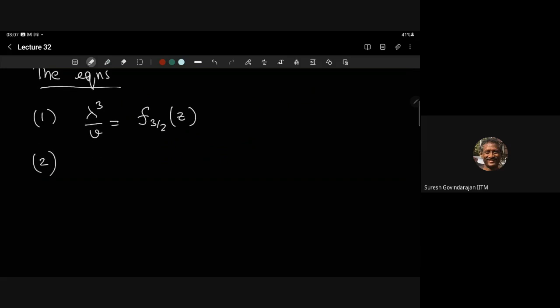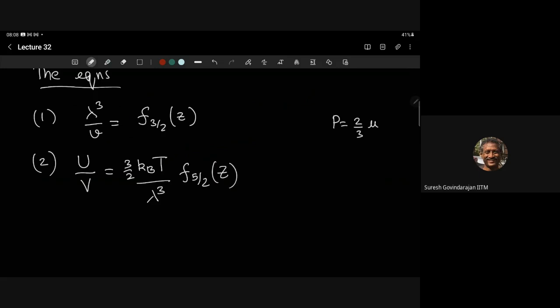The second equation is the equation of state, but we know that P equals 2/3 little u, right? Since I'm interested in specific heat, I won't write P, I will trade that for u. So we'll get something like u by v. This 2/3 will go to the other side and become 3/2. This is little u: it will be 3/2 kBT divided by lambda cubed, times f_{5/2}, and so on.